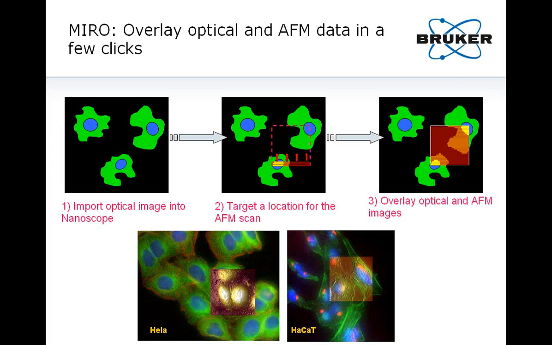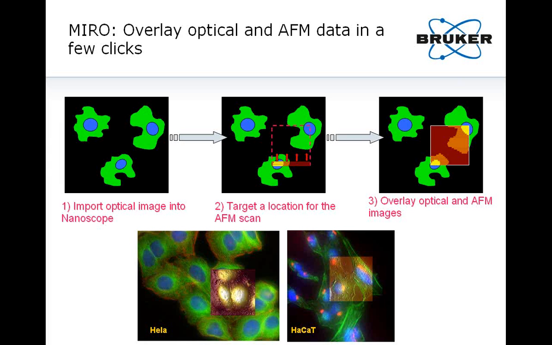On the bottom part of the slide are shown two examples of overlay. The one on the left was recorded on living HeLa cells. The nucleus is in blue, the actin cytoskeleton in red at the periphery of the cell, and the tubulin in green. We used this MIRO software to test two drugs that can disrupt specifically actin or tubulin cytoskeleton.